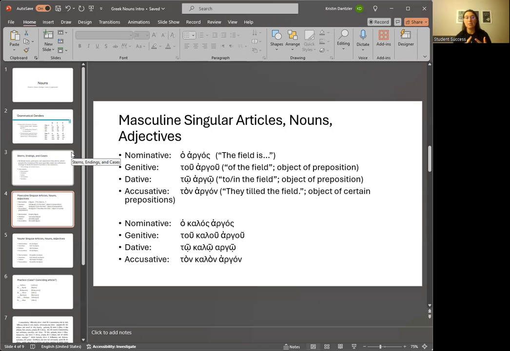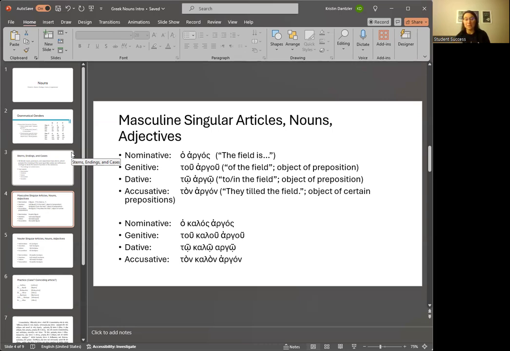Case being nominative, genitive, dative, accusative; number being singular or plural; and then gender, masculine, feminine, or neuter. So in this case, ho kalos argos, the beautiful field, or the field is beautiful.